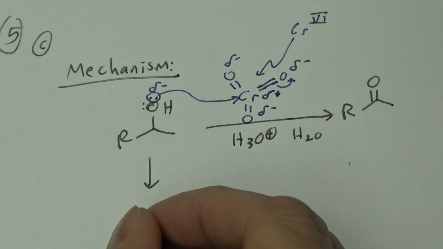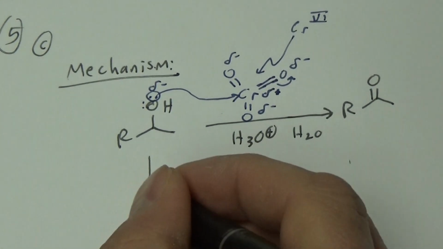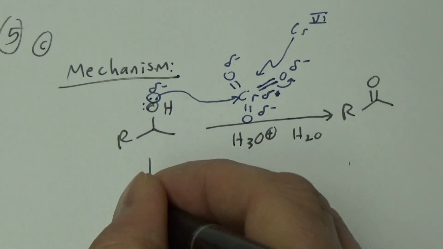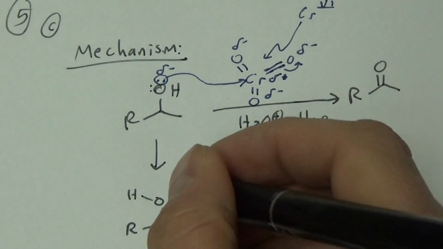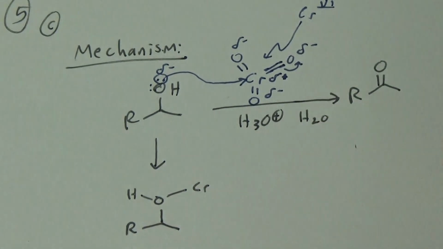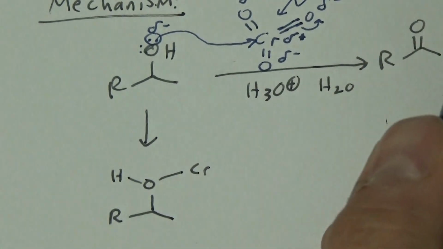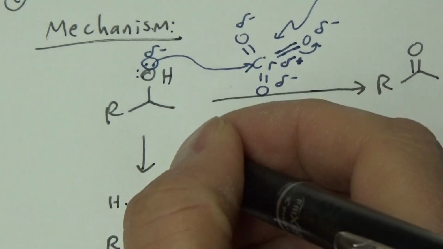Now we have our O. Still got the H. H is there, I just flipped it over to the other side. And then we have chromium. Now what's on chromium now? Well, we have two double bond O's.